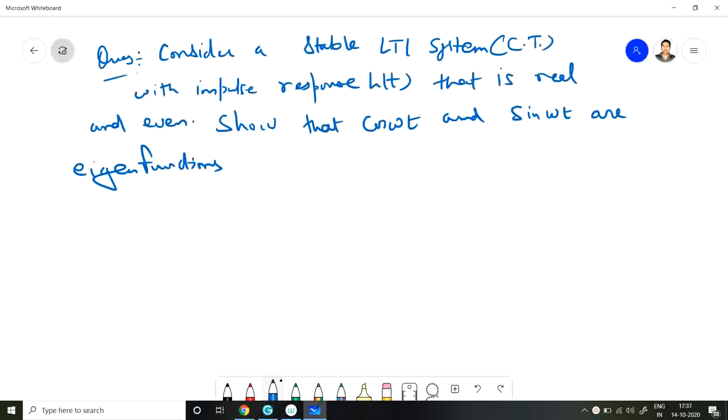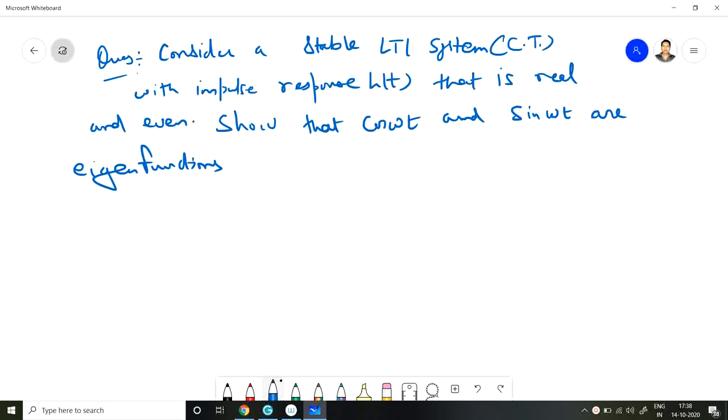Let us solve another problem. Consider a stable continuous time LTI system with impulse response ht that is real and even.